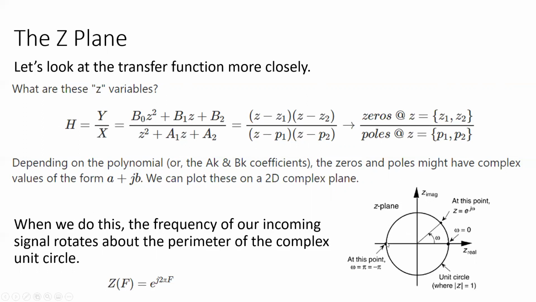So the important thing about these poles and zeros is how they relate to the perimeter of this unit circle, because depending on where they are, that's going to affect your frequency response in different ways. So this z, you can evaluate it as a function just by looking at e to the power of j times 2 pi f, and 2 pi f is just omega.